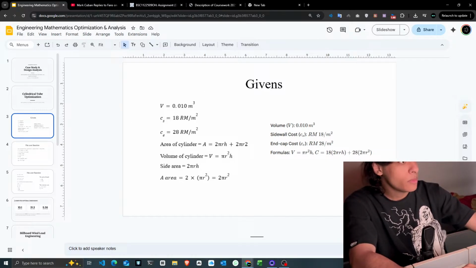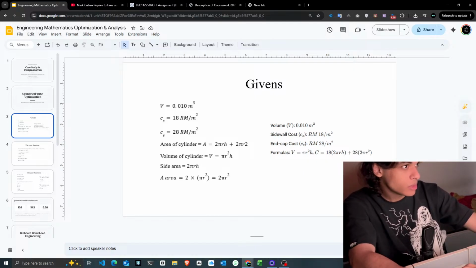And then we have the initial sidewall cost, and the initial end cap cost. Okay, let me just go full screen. We can do this right now.